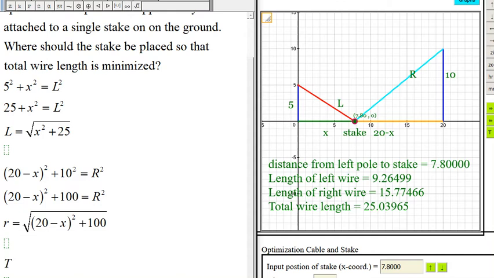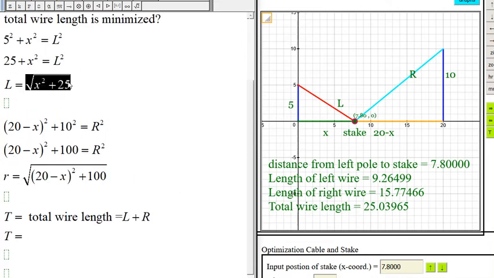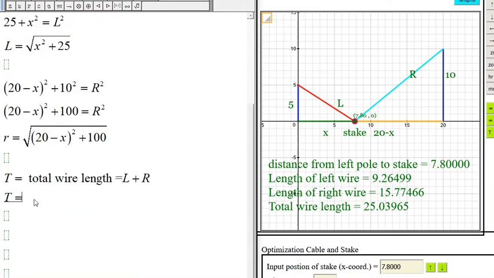And let T be the total wire length. That's going to be the length of this wire, the red wire, and then this wire, L plus R. And so T is equal to this in terms of X, and that's what T is.